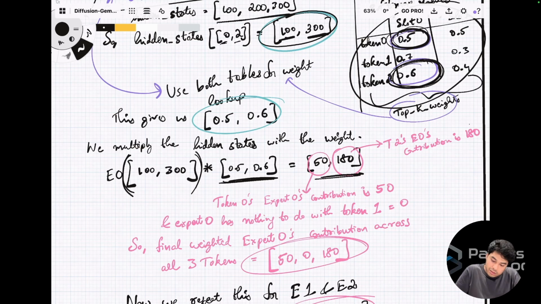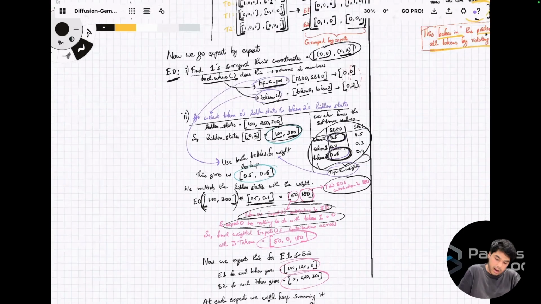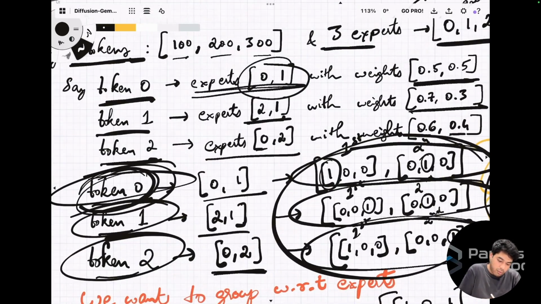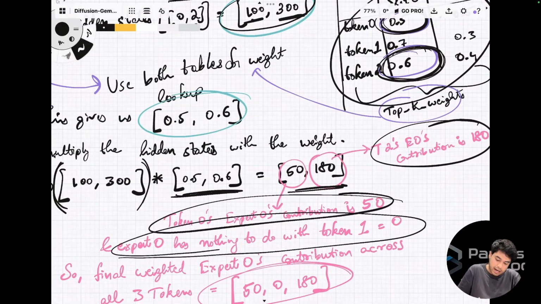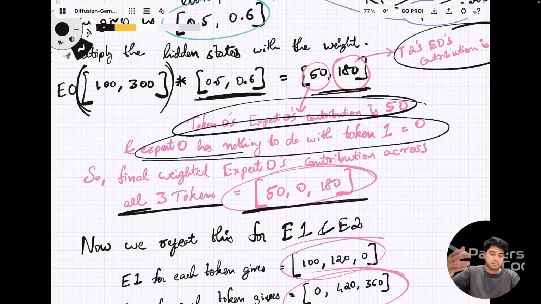So token 2's expert 0 contribution is 180, token 0's expert 0 contribution is 50. And expert 0 has nothing to do with token 1. And we can see that here, right? Token 1 has not chosen expert 0 for anything. So token 1 has no business here. So that remains 0. And once we get all three of these together, you get 50, 0, and 180. 50 and 180 because they are the weighted expert propagated hidden state of tokens that activated those experts.